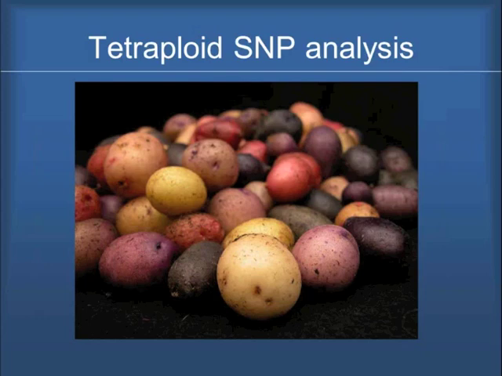Okay, so I'm just going to take a few minutes to talk about tetraploid SNPs. I thought we would be further along at this point, but it's taken us a lot longer to move through the diploid analysis. But I feel that we've gotten it right to this point.